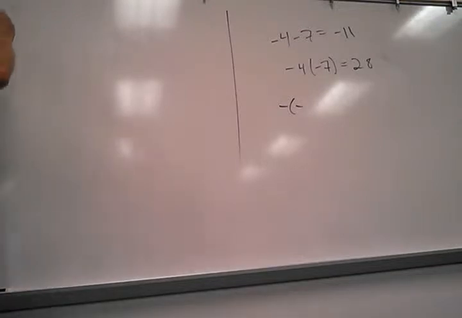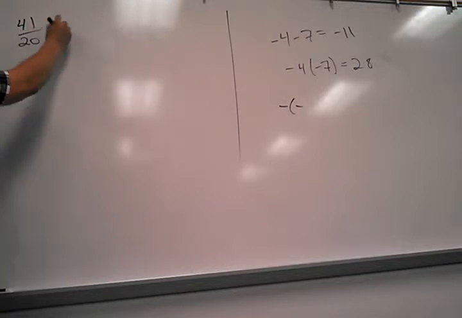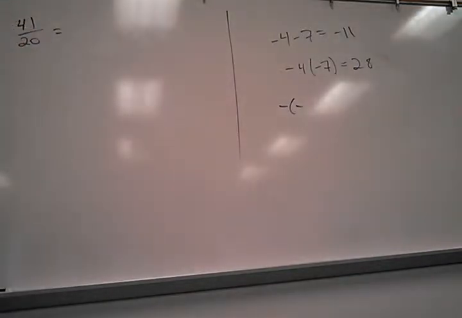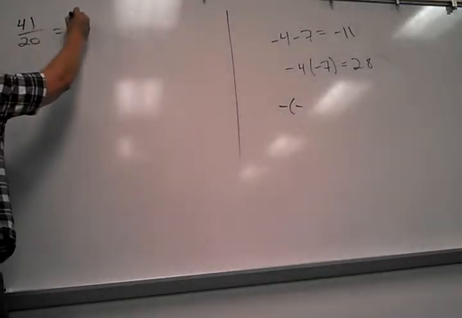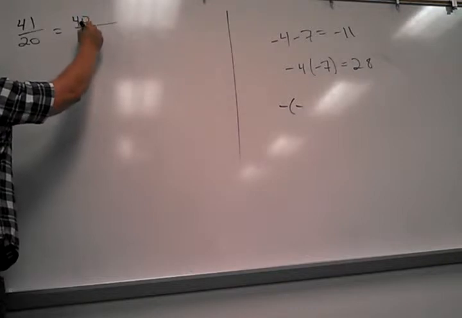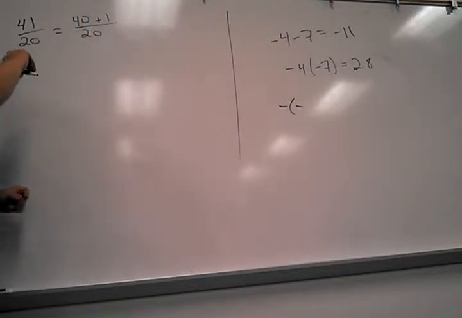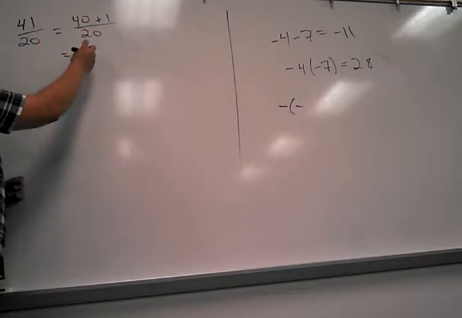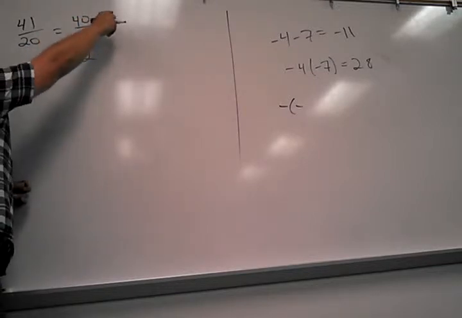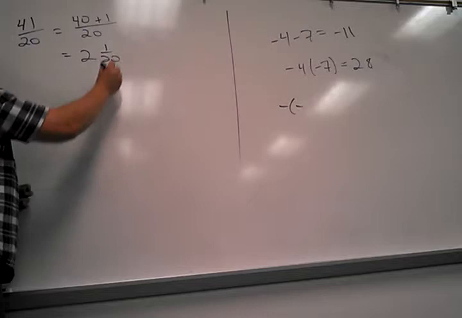How do you turn that into a mixed number? Carry out the division. And the neat thing is, you can pretty much see that if it was 40, it would go in evenly, wouldn't it? And you have this one extra thing. Well, 40 divided by 20 is 2, and you still have 1 over 20 left.